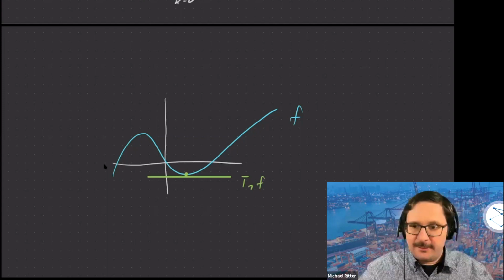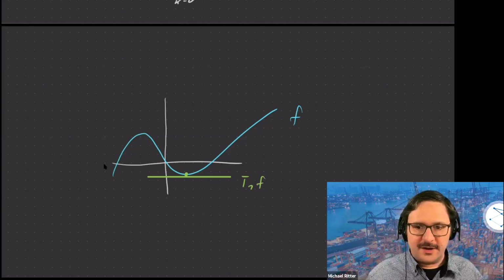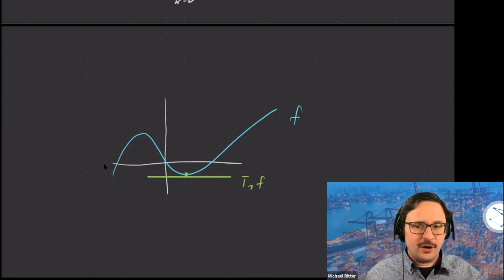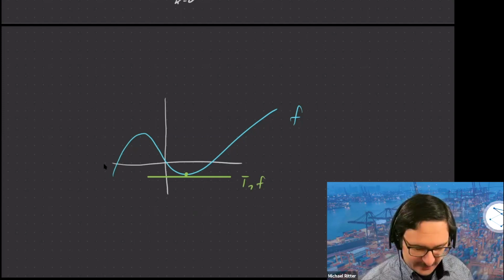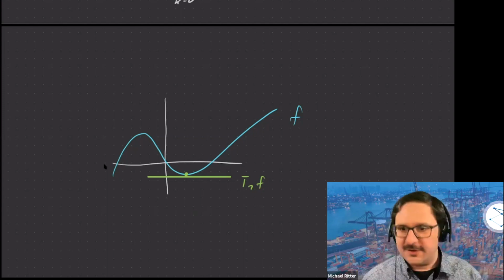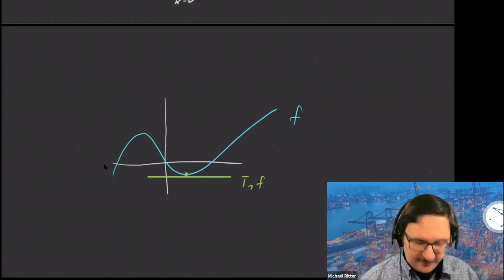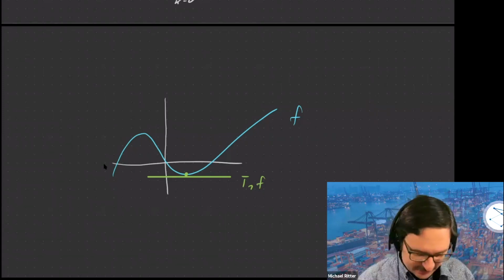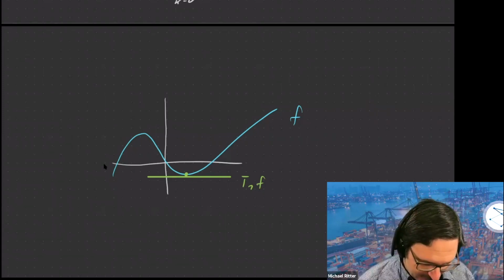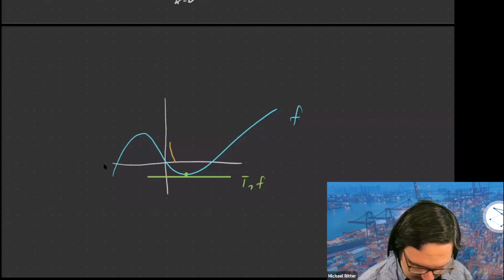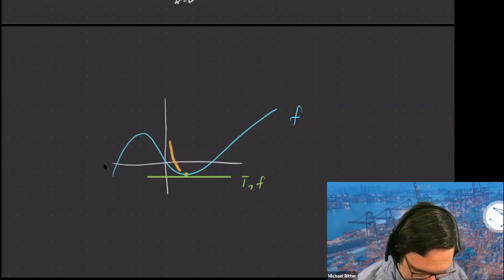And if you want a better approximation, then it might be a good idea to use polynomials of higher order for that. So this here is the best approximation within the affine linear functions. But if we would allow quadratic functions, polynomials of degree 2, we could get an approximation that might look like this.